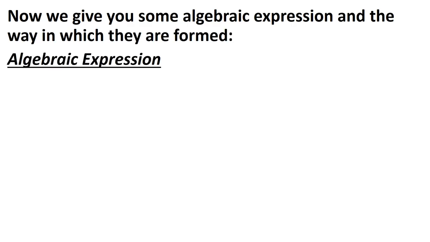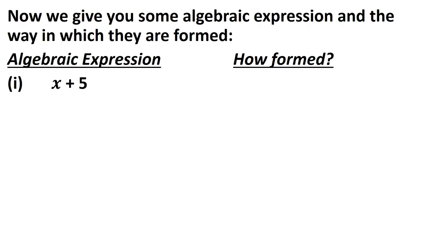Now we give you some algebraic expressions and the way in which they are formed. Algebraic expressions, how formed? Suppose we have the algebraic expression x plus 5. So how has it been formed? It is 5 added to x.